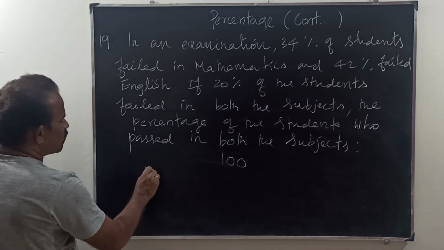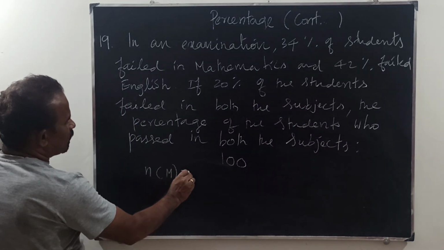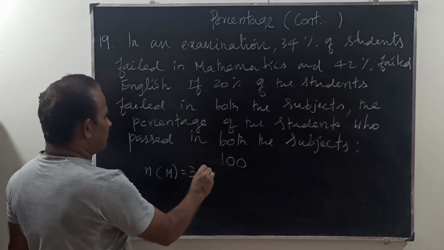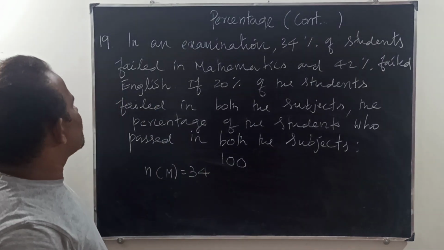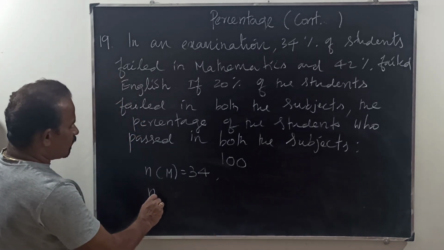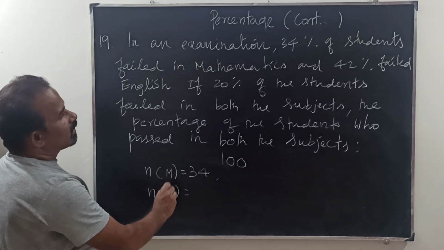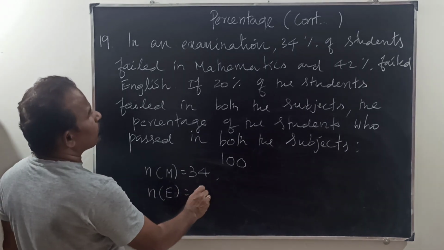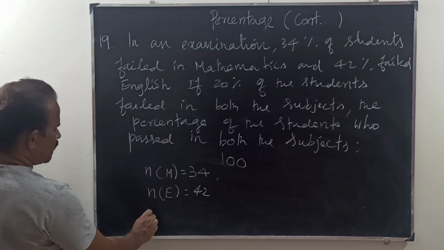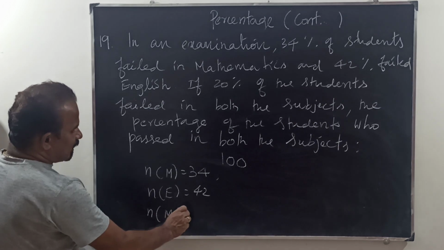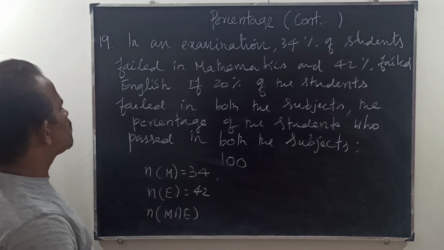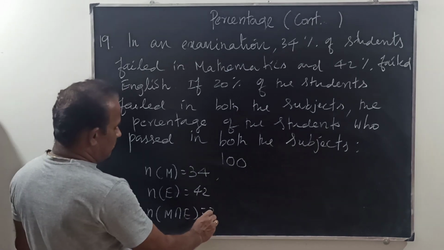The number of students failed in mathematics, N of M, is 34. The number of students failed in English, N of E, is 42. Failed in both the subjects, N of M intersection E, is 20%, equal to 20.